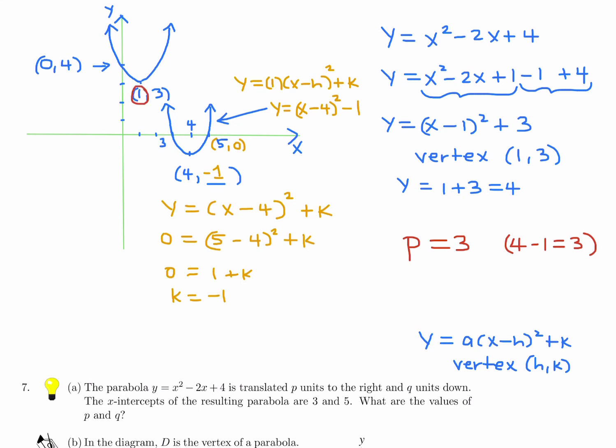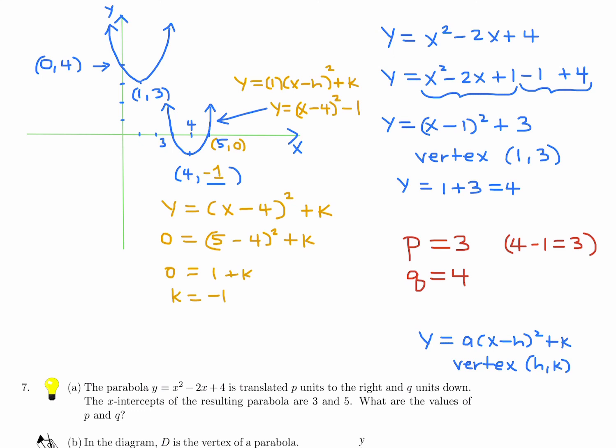Obviously, it had to be shifted to the right 3 units. Now to get q, we'll look at the y-coordinate of the 2 vertices. It went from 3 to negative 1. So it obviously was pushed down by 4. So q is 4.